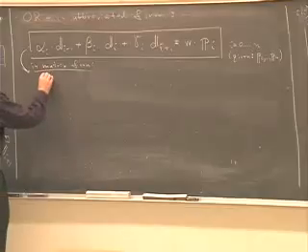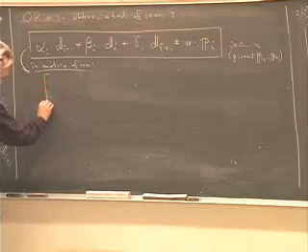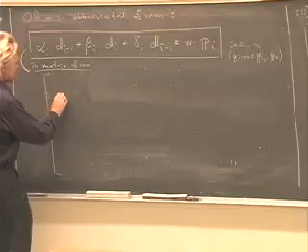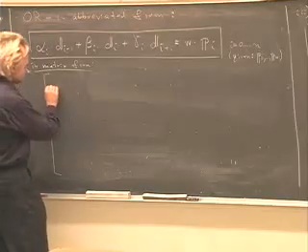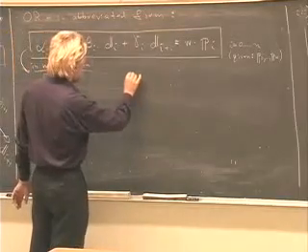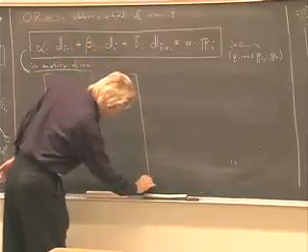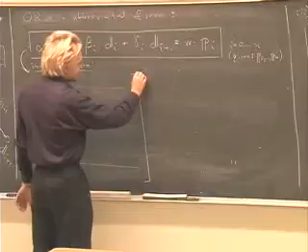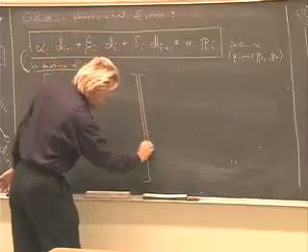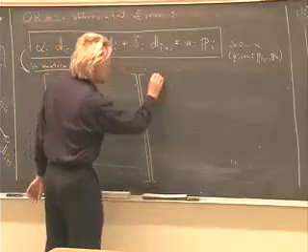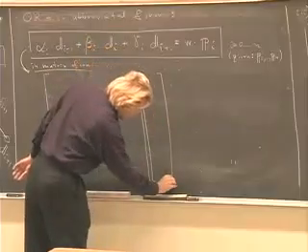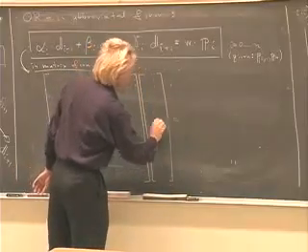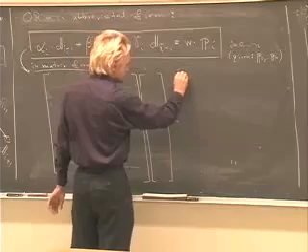So you have a matrix times the unknowns, the d points, equals something on the right-hand side.